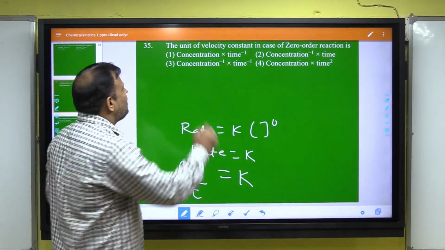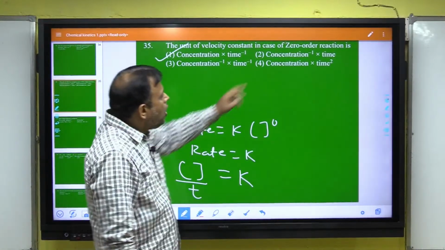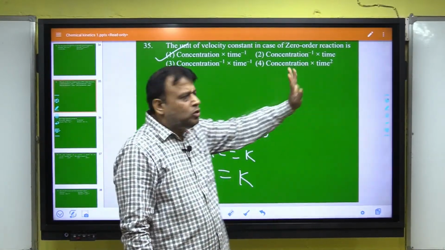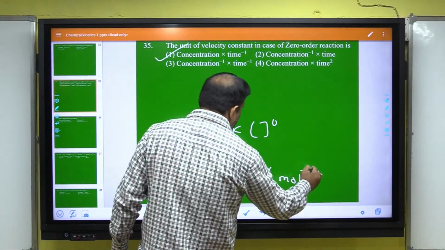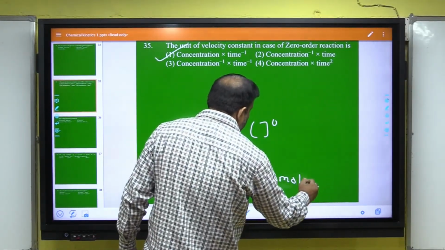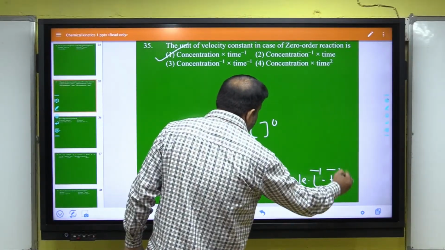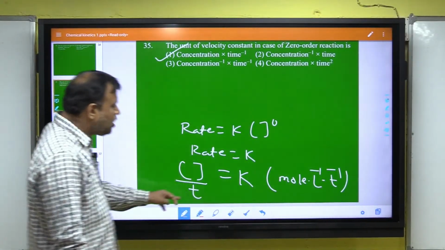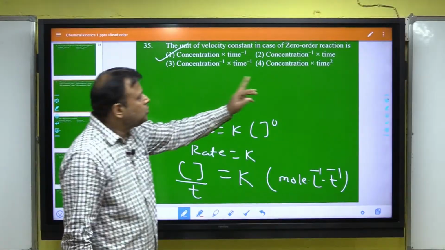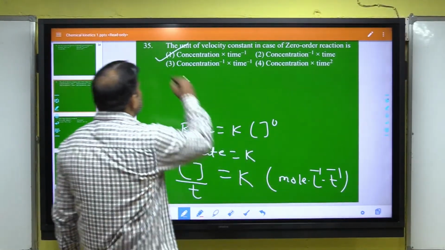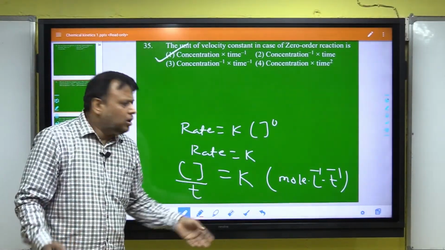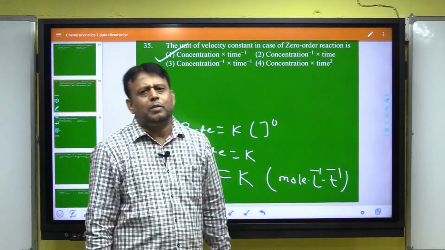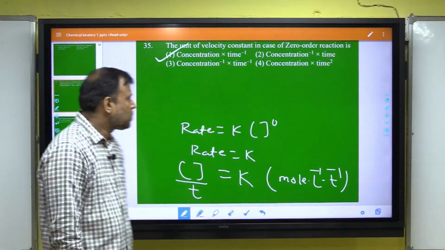Concentration into time inverse, yes, correct. Conc to the power -1 into time, no, because unit of K is mole per liter per time, and it is conc by time. Conc inverse, no. Conc into time square, no. It is conc into time inverse, and hence also called mole per liter, because conc means mole per liter.